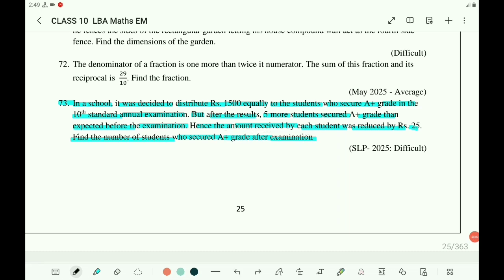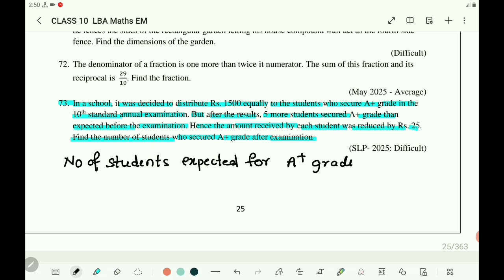Now let us take the number of students expected for A plus grade equals x.